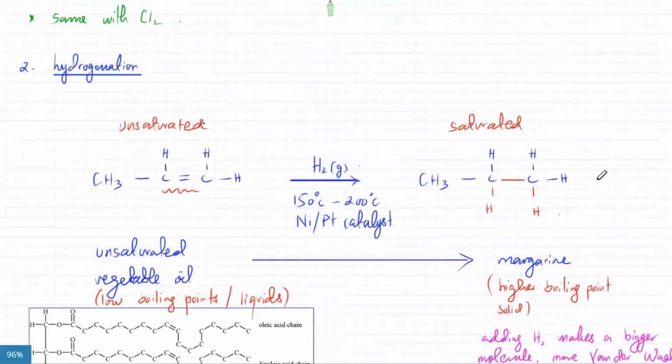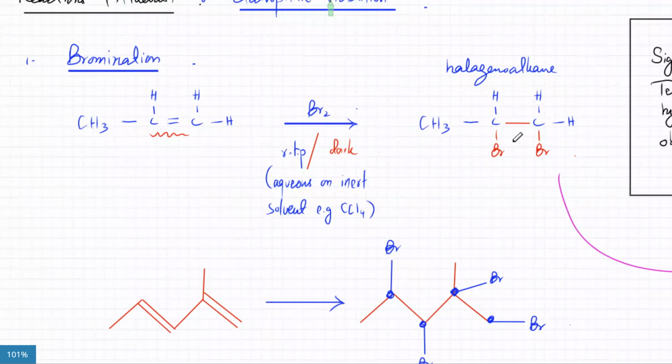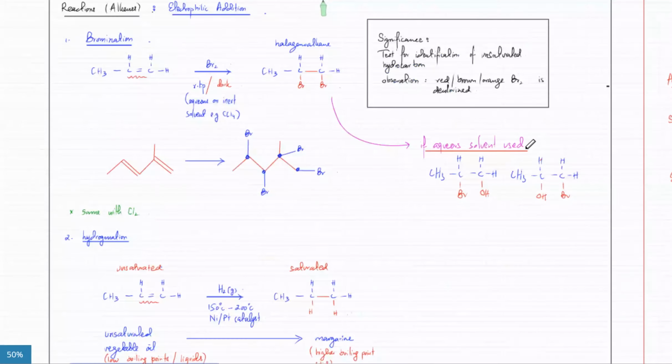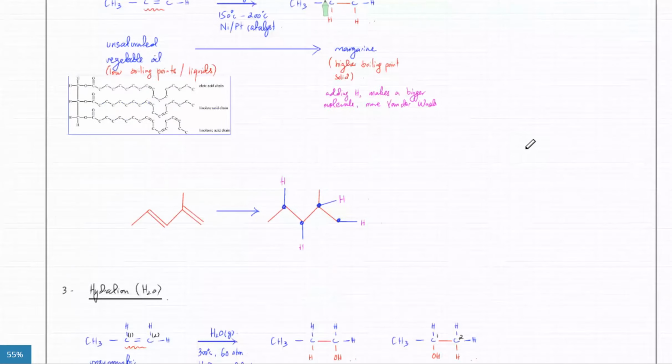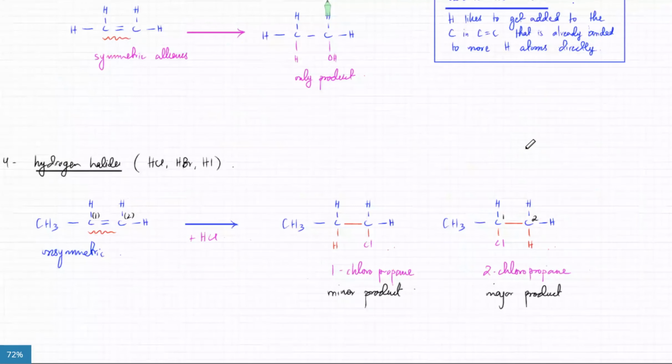And it wasn't an issue with bromination because it's 2 Brs that are getting added, so it doesn't matter which one gets bonded to which, it's the same thing. But it's going to be an issue when water or hydrogen halides bond with it.